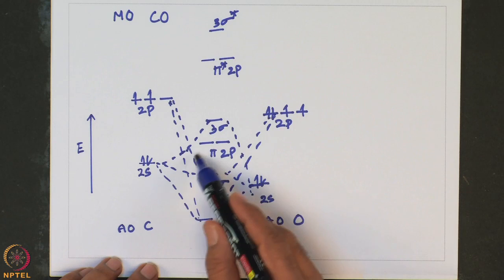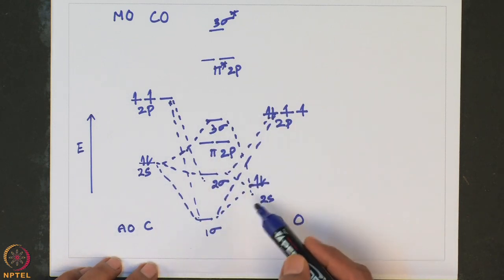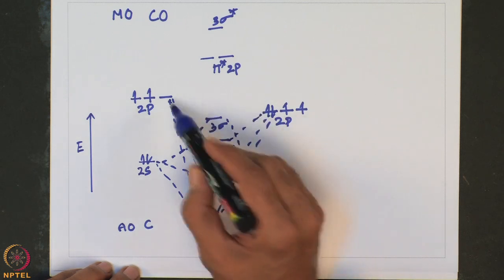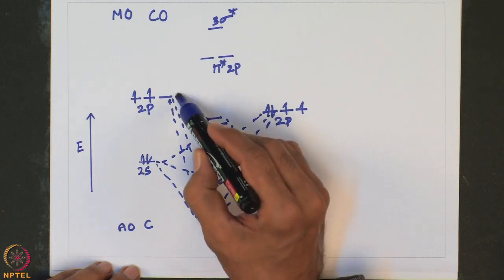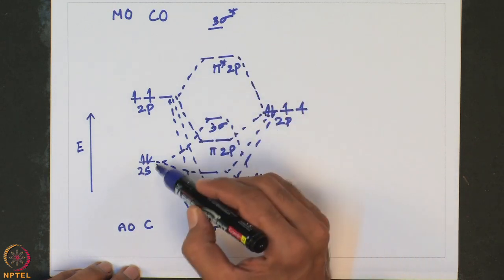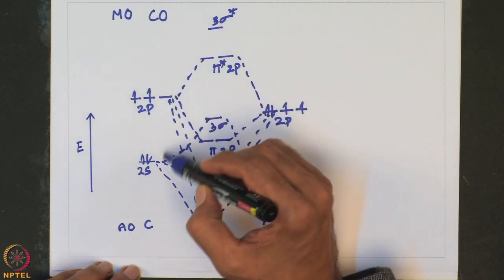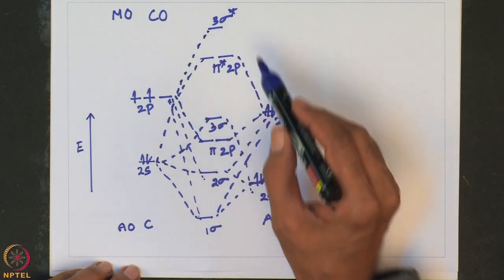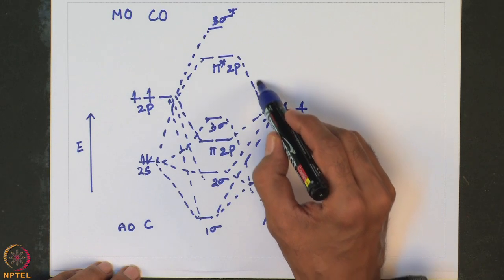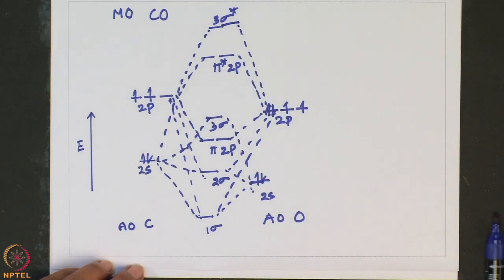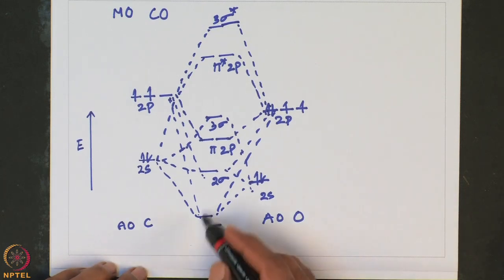Whereas for this one there is no connection from 2p, because 2s will not participate in pi bonding. But 2s can correspond to this one. Something like this. Let me start writing the electrons here.